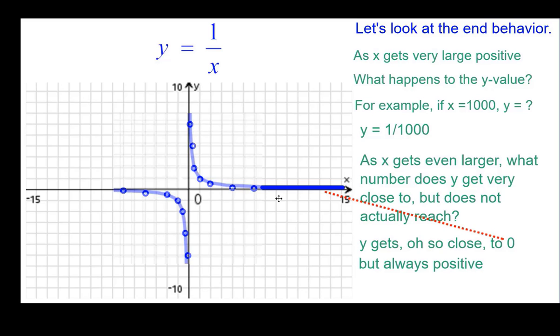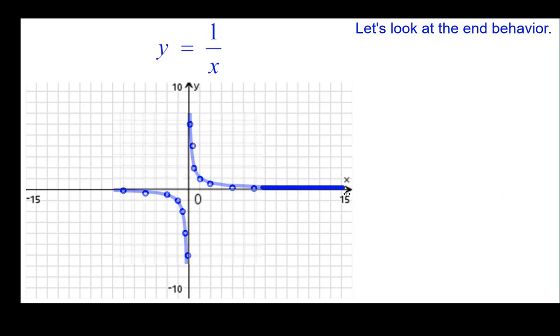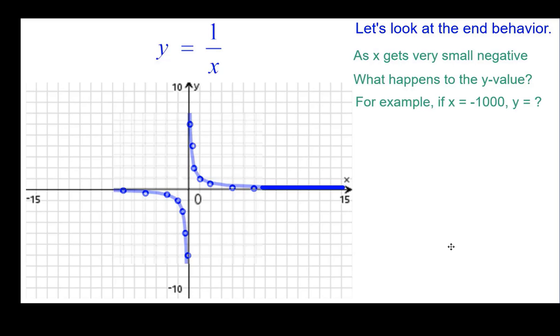So how we show that on the graph is we have this curve almost becoming like a line really close to the x-axis, but never ever touching it. Looking at the other end, as x gets very, very small negatively, that's way over in this direction, what happens to the y value? So again, for example, if x was negative 1,000, y would be negative 1 1,000th.